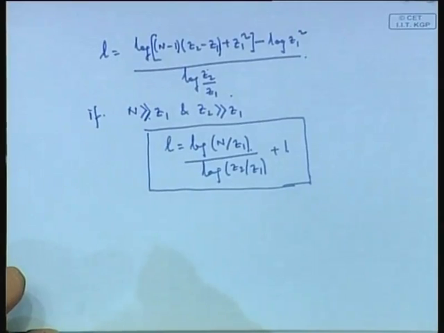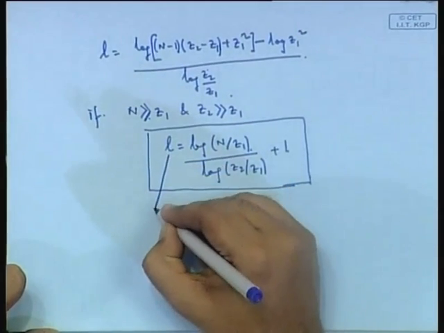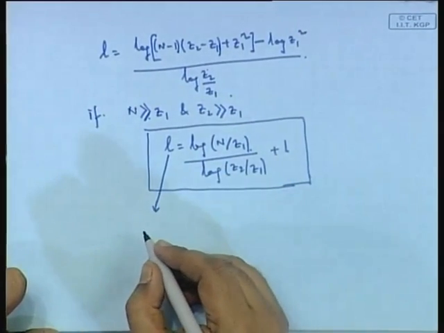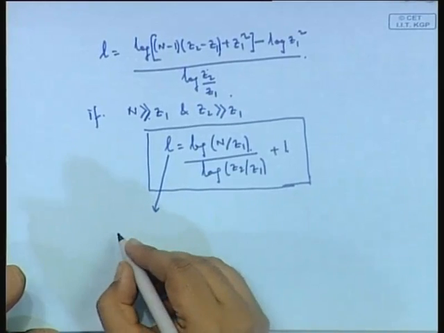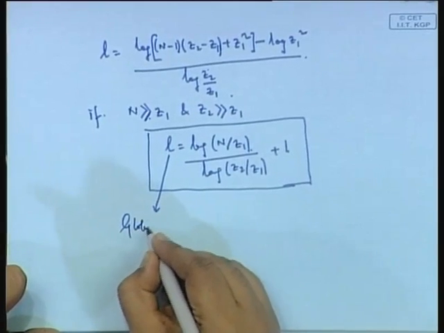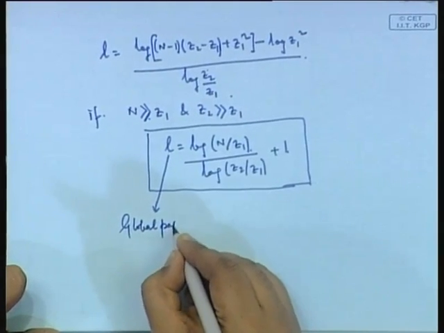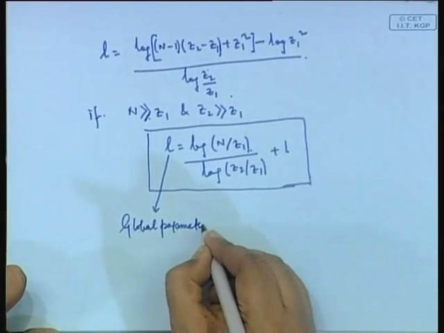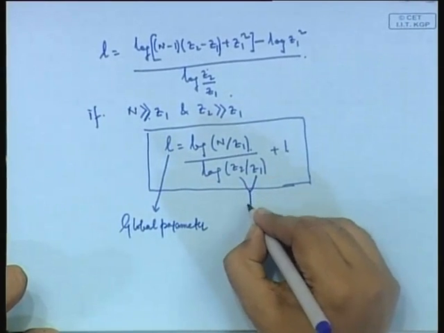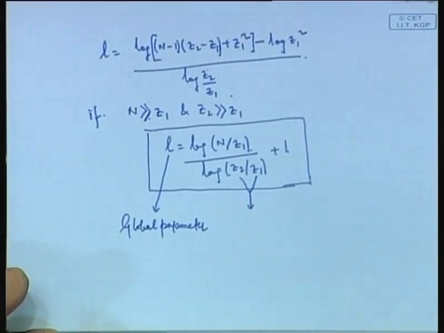Okay. So, let us think from the point of view of distributed computing, or distributed processing. What are the things we are getting? This is a global parameter. And these are local parameters.